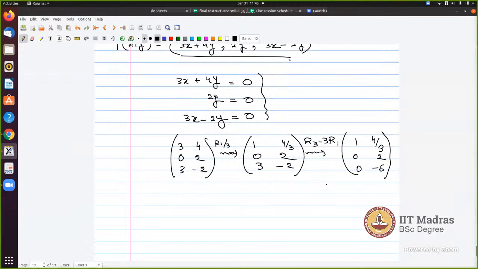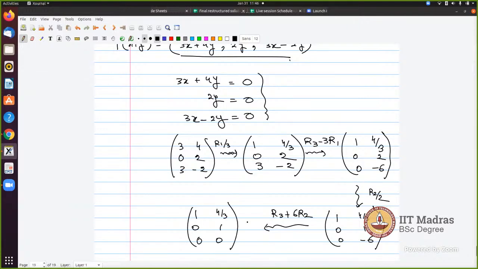And then R2 by 2: 1, 4 by 3; 0, 1; 0, minus 6. Then R3 plus 6 R2: 1, 4 by 3; 0, 1; 0, 0.